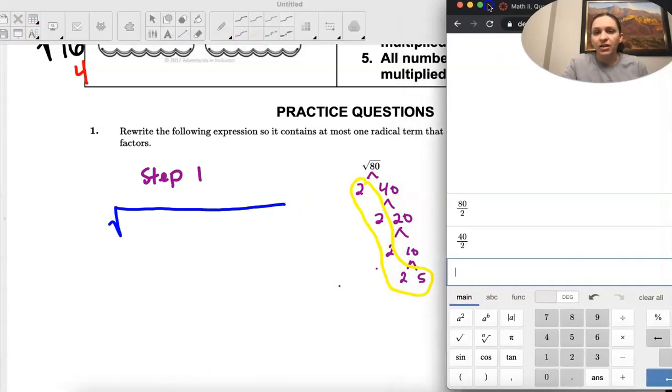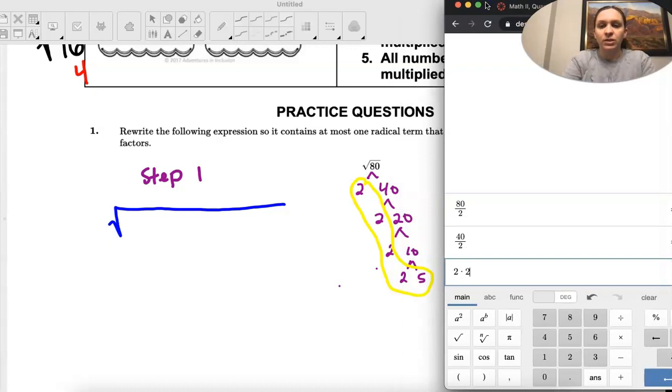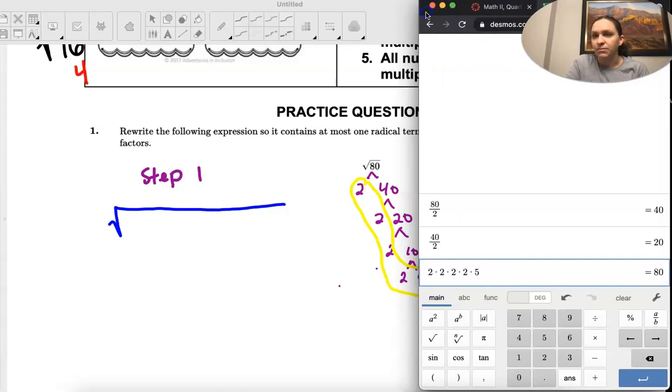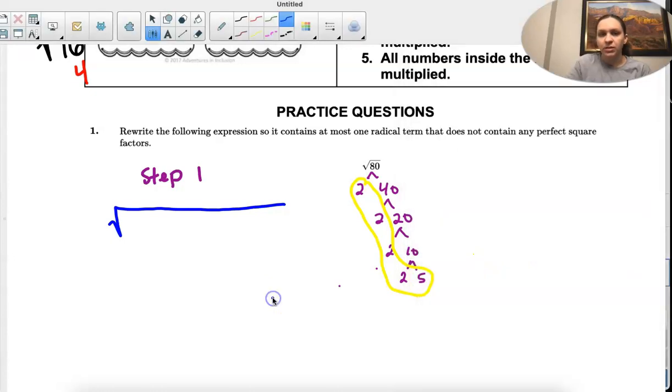If I take 2 times 2 times 2 times 2, there's those 4 2's, times 5, I get 80. So all I did was I broke down 80 into 5 prime numbers. So instead of 80, I'm going to write what 80 is equal to: 2 times 2 times 2 times 2 times 5.